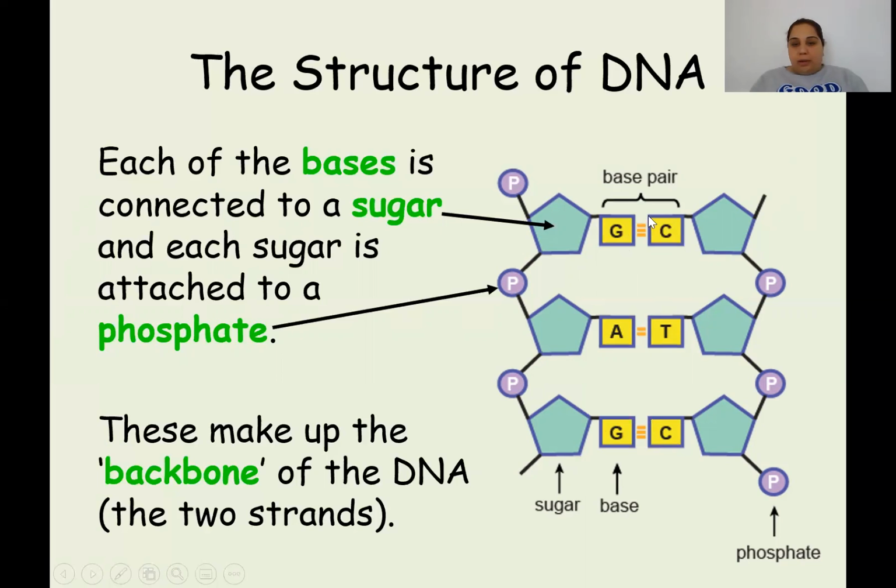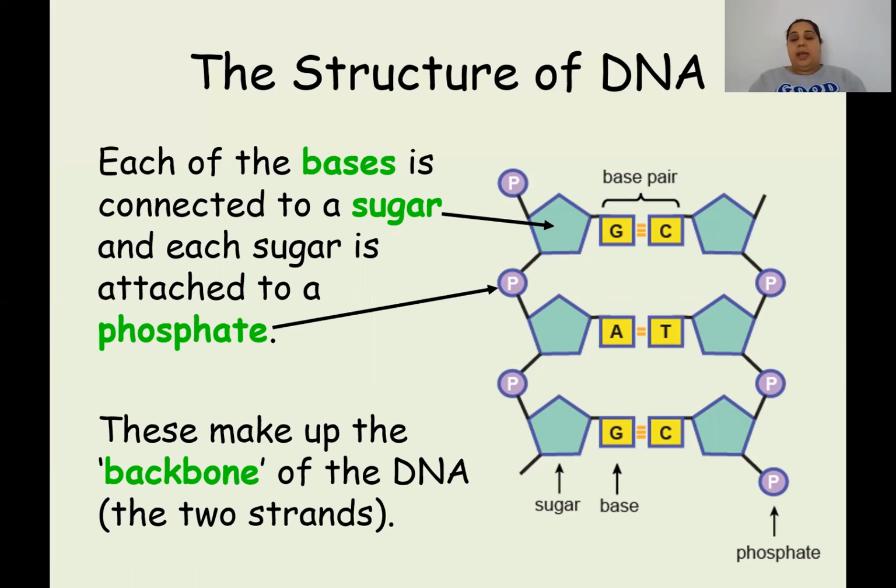However, what you might not recognize is just how it's been displayed. Normally when you see the strand of DNA, we draw this as a straight line. Those are described as the backbone of the DNA, but actually chemically, that backbone is made up of a phosphate attached to a sugar, and that sugar is called ribose.